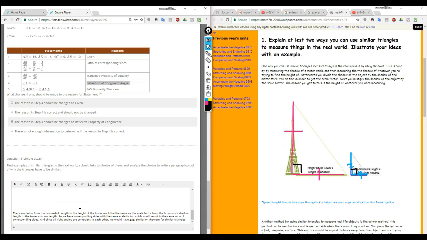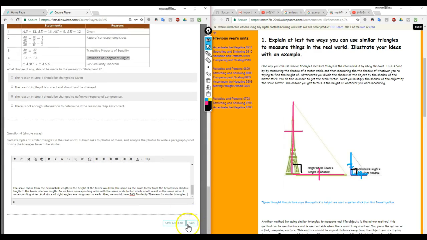Or you could use the angle-angle similarity theorem. So there's two different options for that. And I want you to, we're going to save and exit. And we'll pick up the next part in the next lesson.